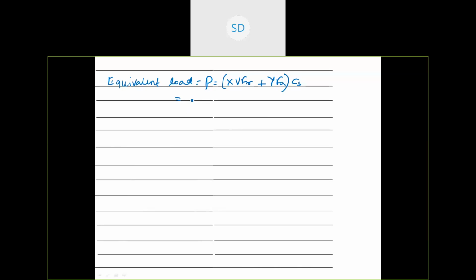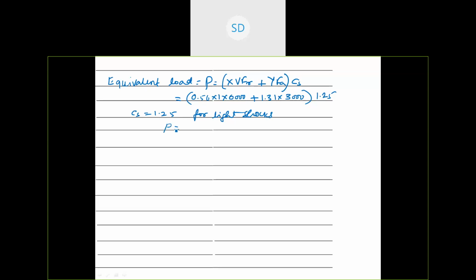Now X, how much you got? X is 0.56, V is 1, radial load is 6 kilonewton, plus Y is 1.31, axial load is 3 kilonewton, right? So let us assume CS equal to 1.25 for light shocks.